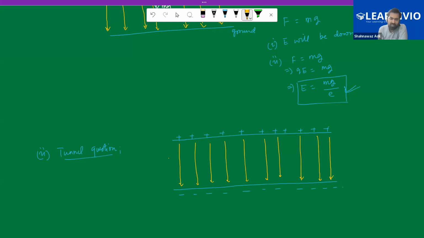So let's say that if I put some electron, or let's say some proton in this place. So I have this proton, right? And I project this proton with some u velocity. So the trajectory that it will follow would be like this.